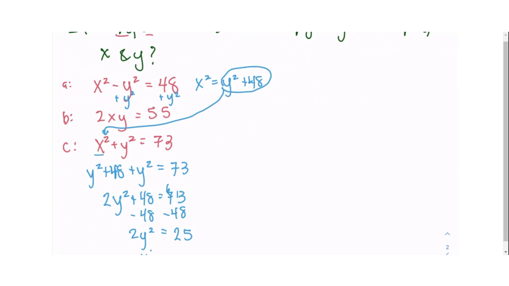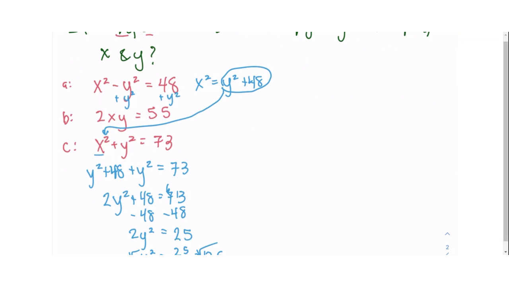So y squared would equal 25 divided by 2, which is 12.5. And if we took the square root of that, we would have that y is equal to... I just picked random numbers. Maybe I shouldn't have picked these random numbers.